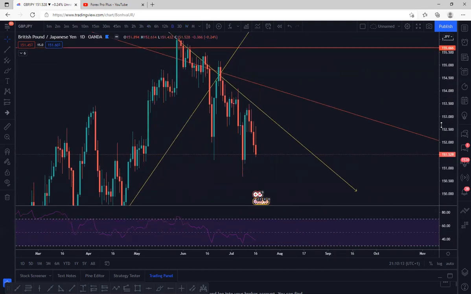Right, interesting. In daily, the price still follows this yellow trend line, which is the weekly trend line. And as we can see, we can draw another trend line here.